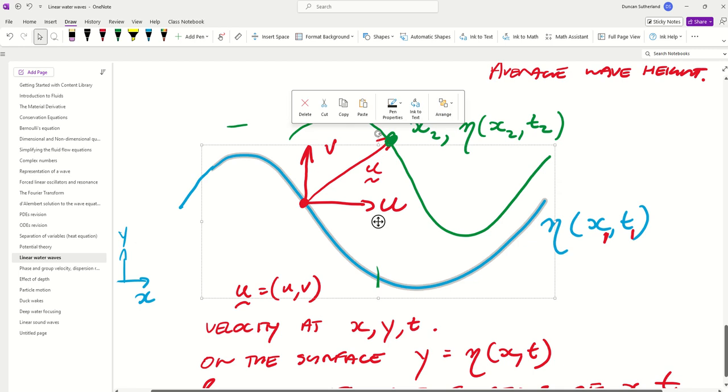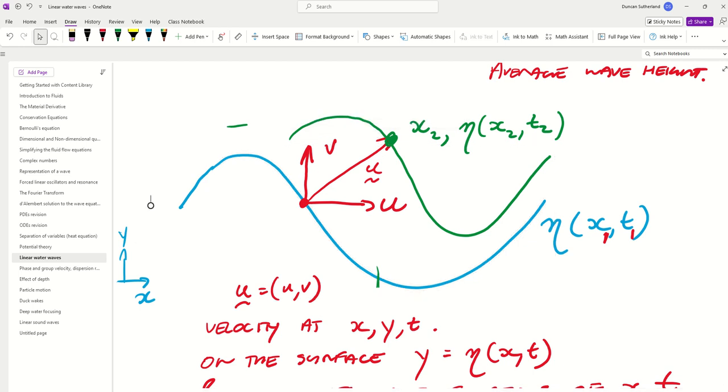So I should write in that, let's write this red dot, let's just ditch this and add in another. This red dot is x1, eta x1 t1.